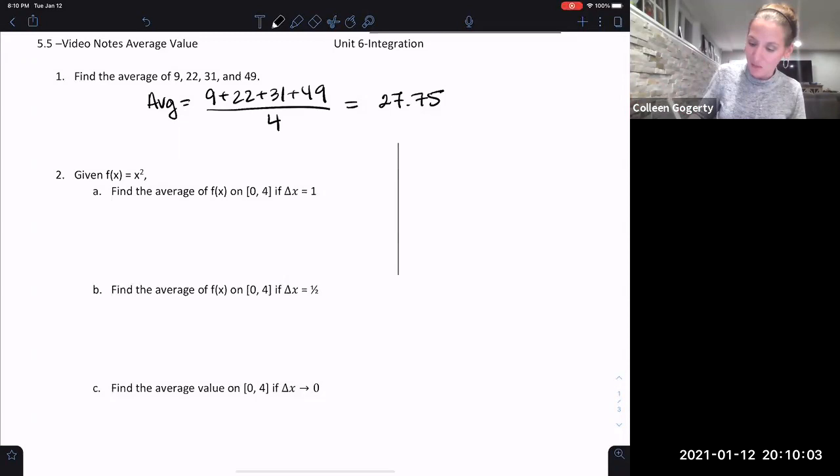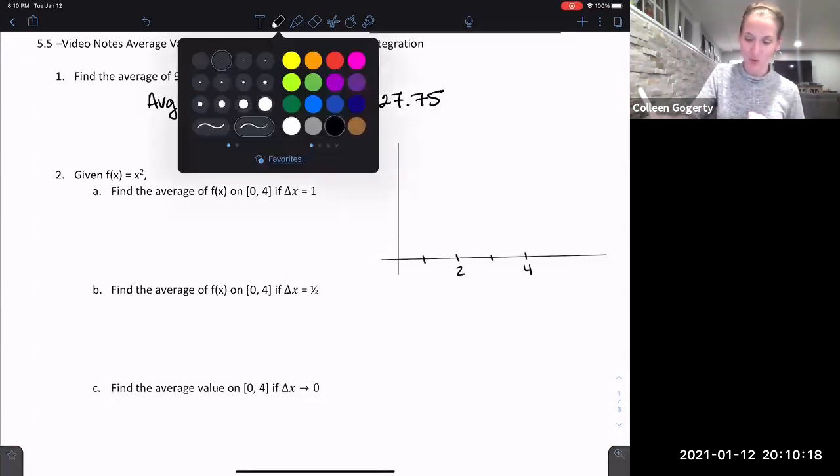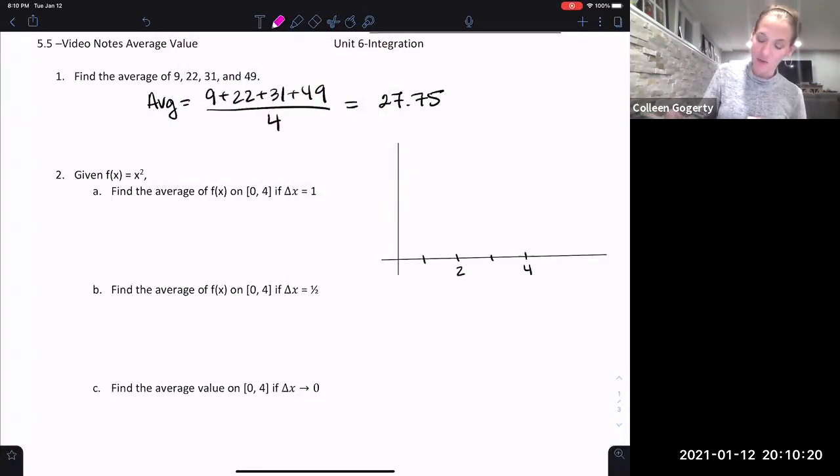So first thing I would like to do over here is take a moment to look at a picture of f of x equals x squared, and we are going to be working on the interval 0 to 4. This isn't going to be perfectly to scale, but I'm sure we can work with it nonetheless. So if f of x equals x squared, at 0 we have 0. At 1, I'm going to have 1.